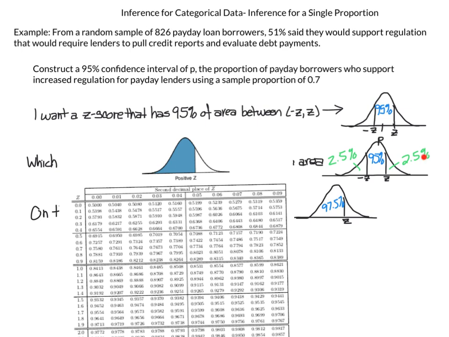This drawing still doesn't quite look like the table's, but it's not far, because essentially we can add this 95 and this 2.5, and we get this picture for positive z and less. So positive z and less is going to be 97.5%.